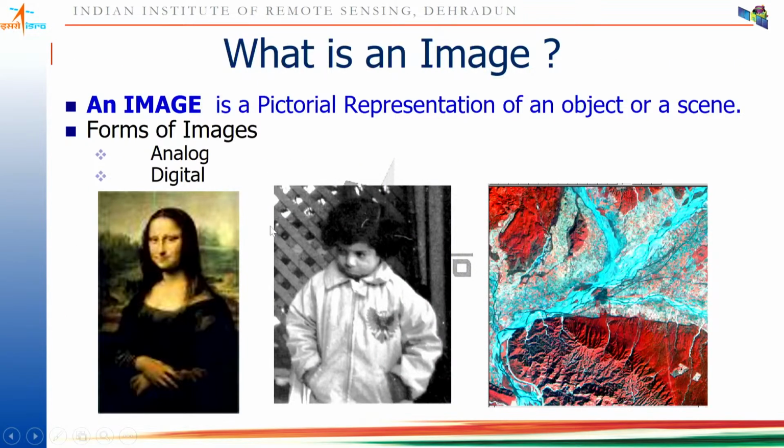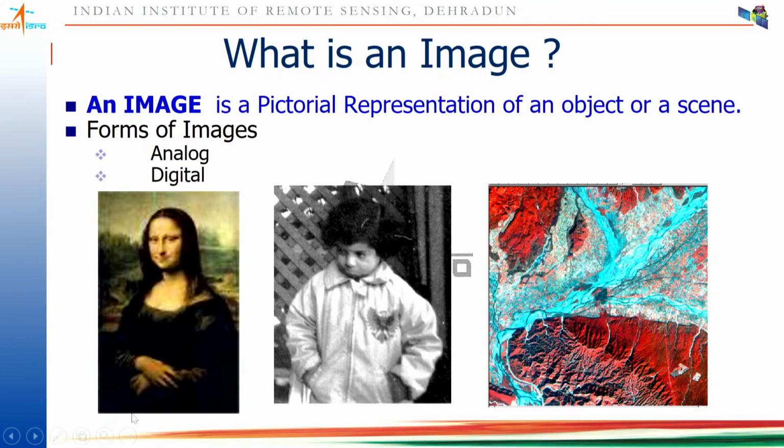Coming to what is an image? An image is a pictorial representation of an object, a scene, or even a phenomenon. There are two forms of images: analog image and digital image. Analog images represent a continuously varying quantity, which is basically intensity or color.